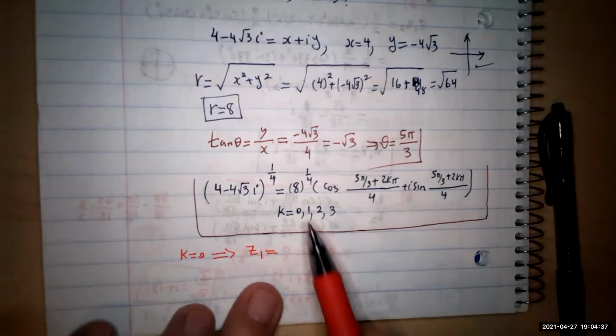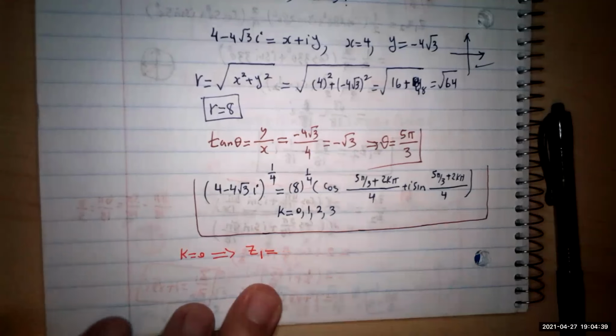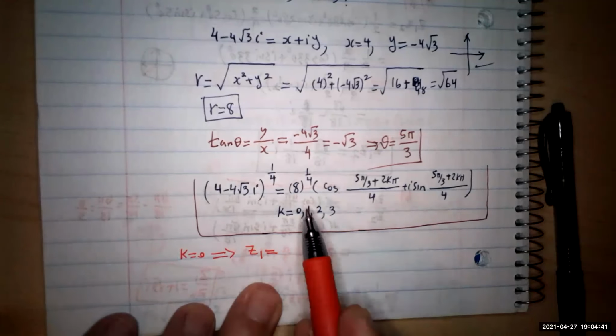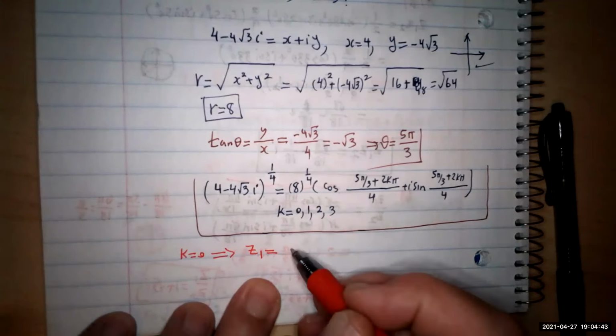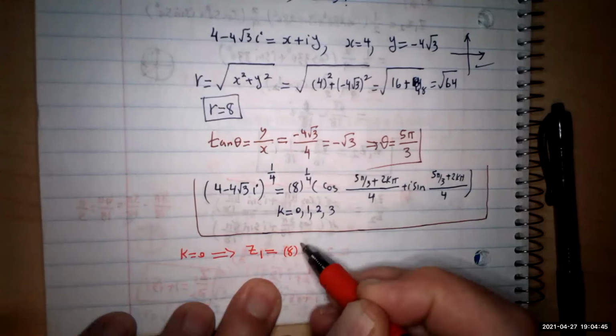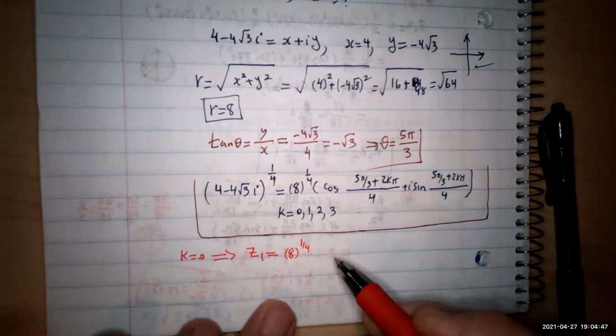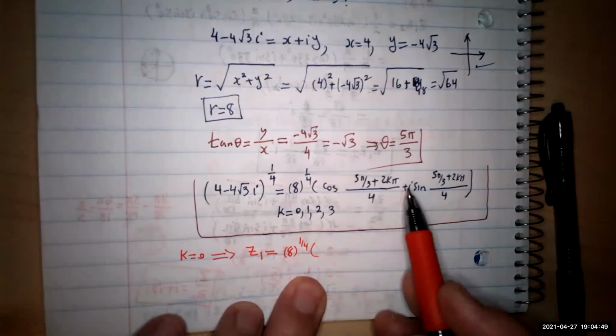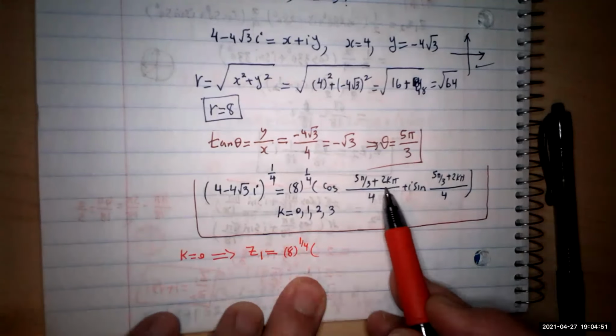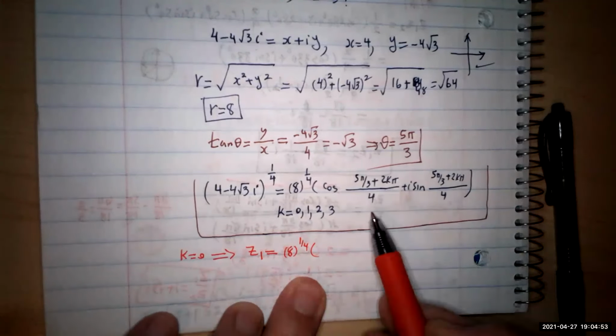It's going to be 8 to a quarter. You may be able to simplify this one a little bit, or just write it as is. 8 to a quarter, and if you put k equal to 0, this 2kπ would be 0.